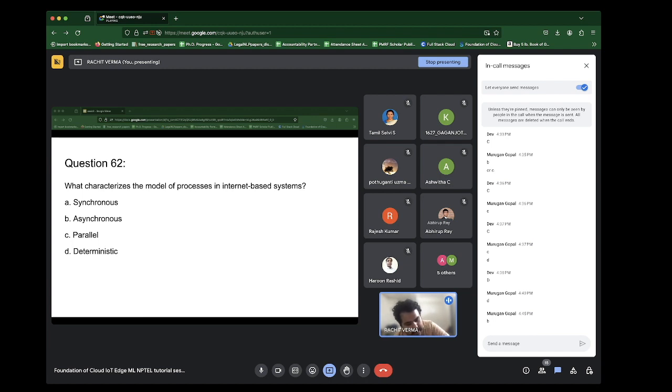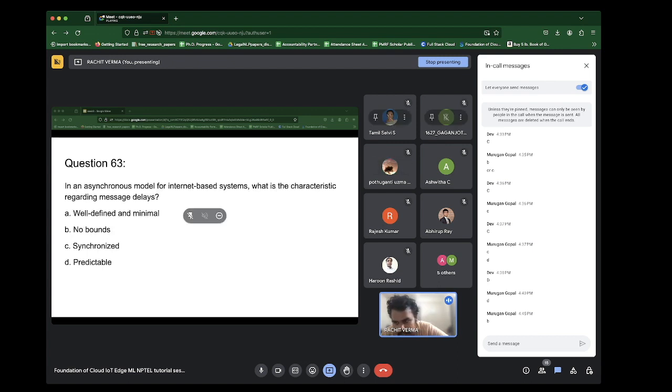There is no guarantee that their clocks are perfectly synchronized. Of course, parallel processes also could happen, but we are looking at it from the perspective of time. I should have mentioned that. Processes that are asynchronous can happen in parallel as well. Deterministic, there's no guarantee.